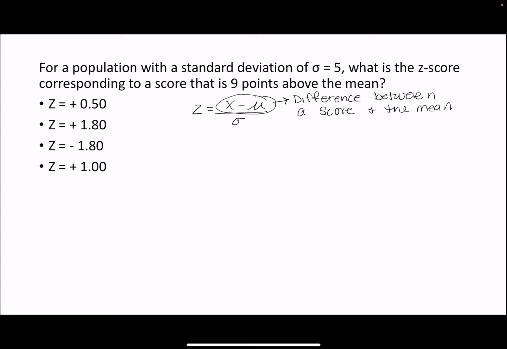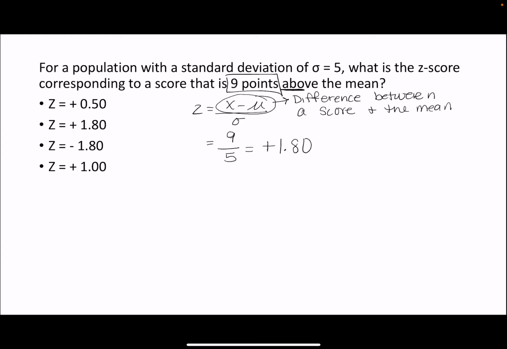So if my score is 9 points above the mean, then that means that the top of my fraction here is 9. Okay, that means that when I subtract the mean from my score, I get a positive 9. It's positive because it's above. And then I'm going to divide that by 5. And 9 divided by 5 is going to get me a positive 1.80.